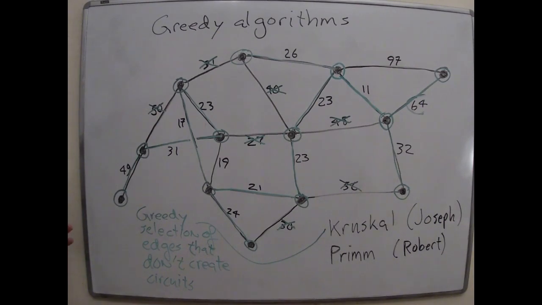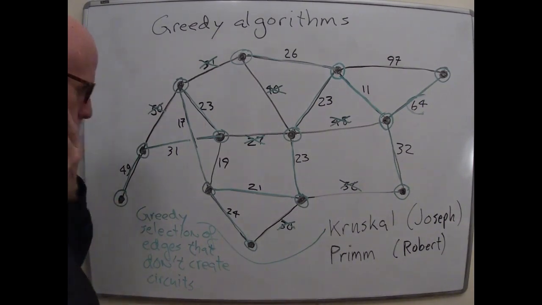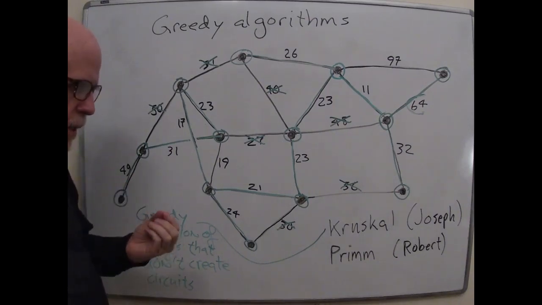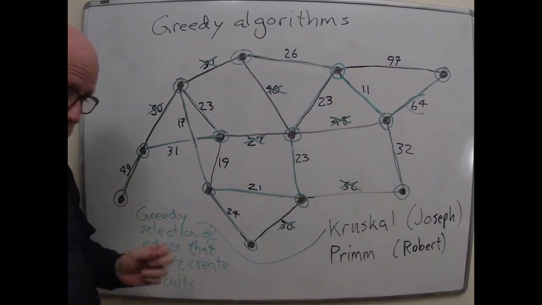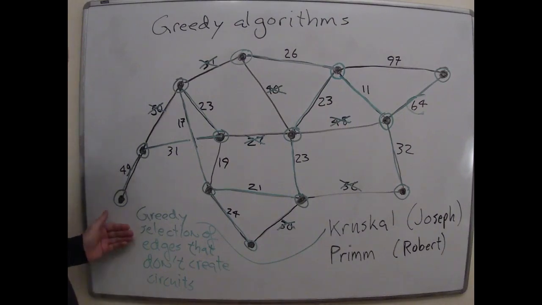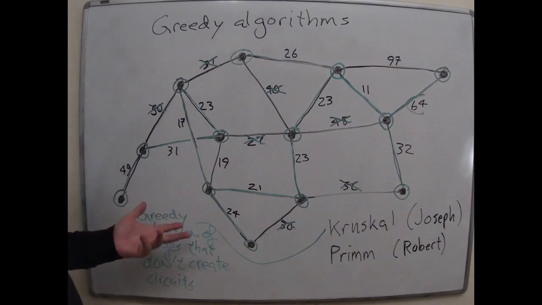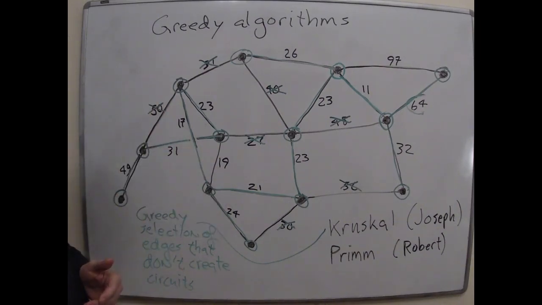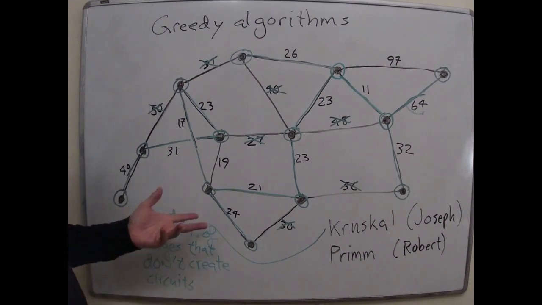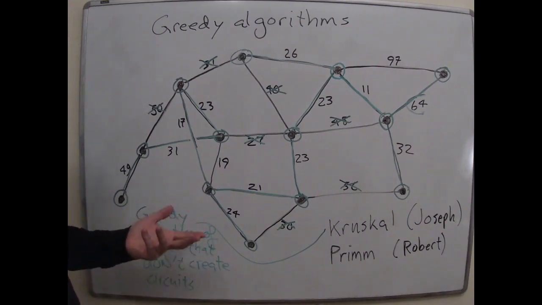Well, one of the things you always want to make sure you're doing with an algorithm is clearly defining a criterion for when you stop. Right? When are you going to be finished? And you know ahead of time for all these algorithms when you're going to be done. You're trying to pick n-1 edges out of this graph. The graph had 13 nodes, so n-1 is 12.